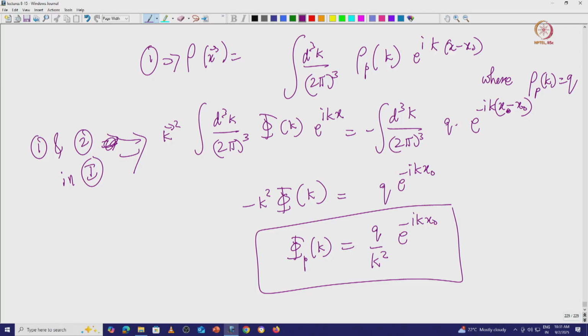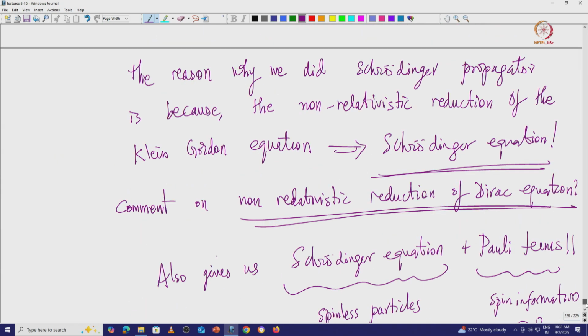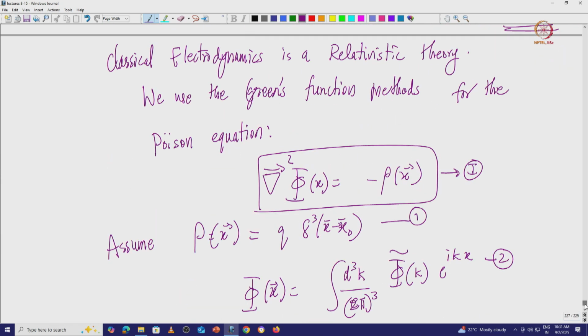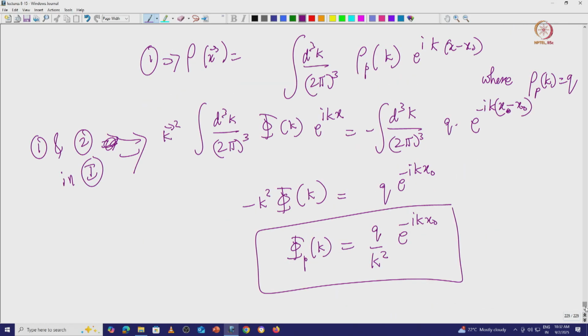Now I know what is phi tilde of k. I should not put phi p, I am using notations, I started using it as phi tilde. So this is phi tilde.